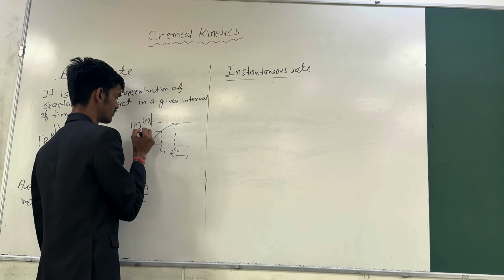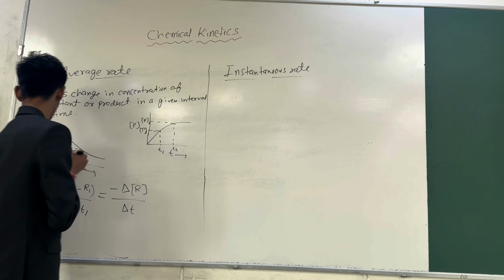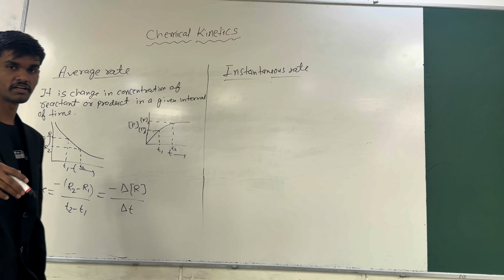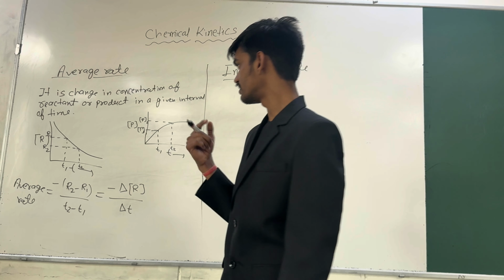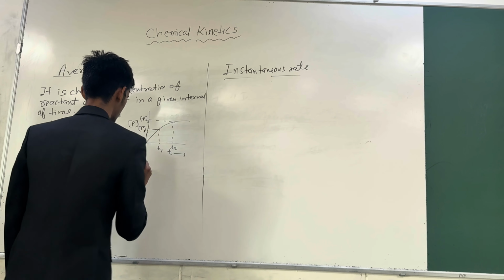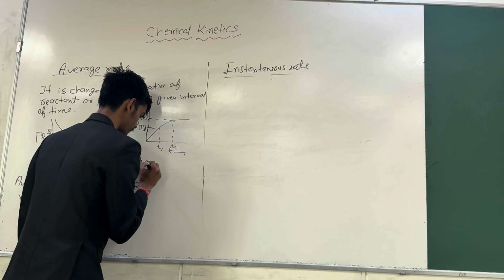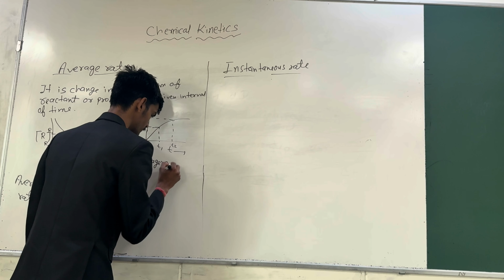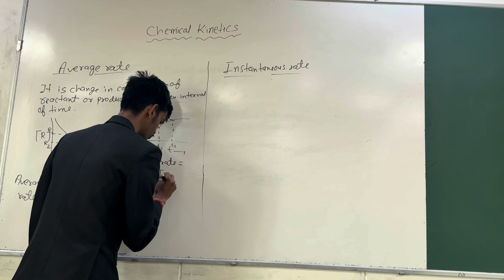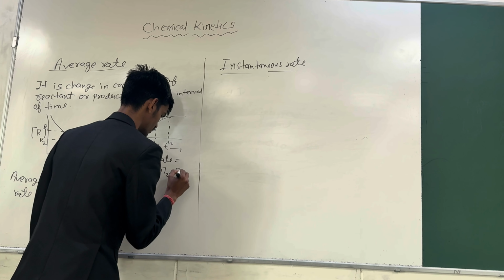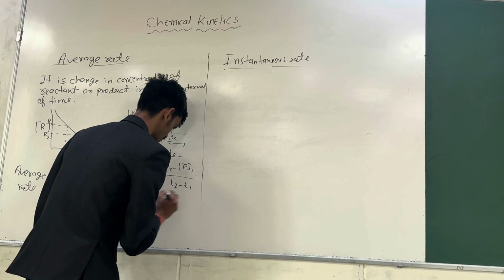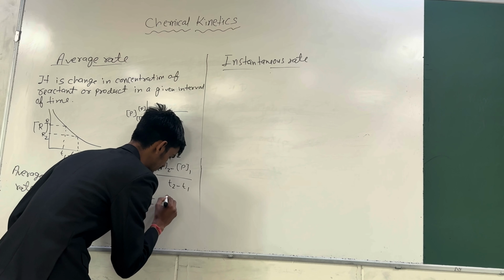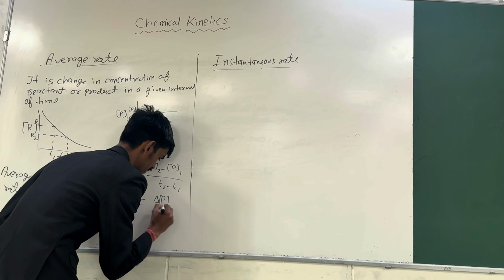Basically this is in square brackets here also, because in kinetics we write concentration in square brackets. So the average rate will be P2 minus P1 upon t2 minus t1, and this is delta P by delta t.